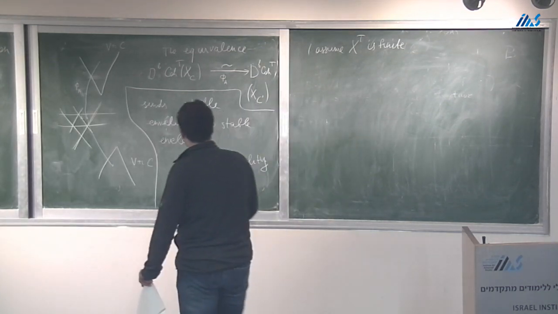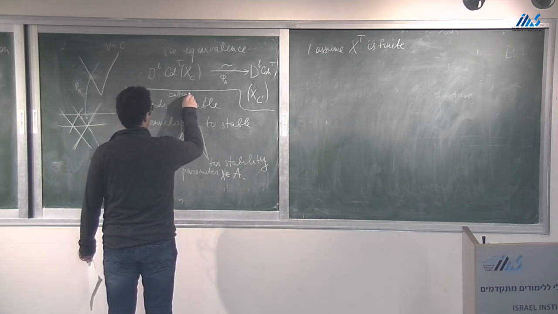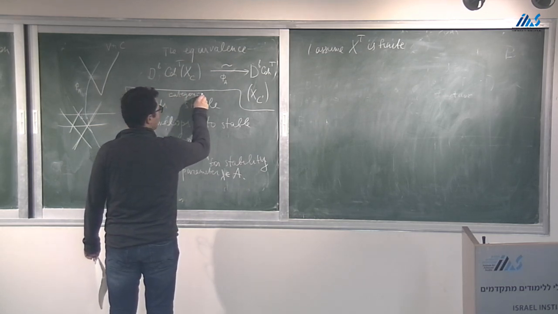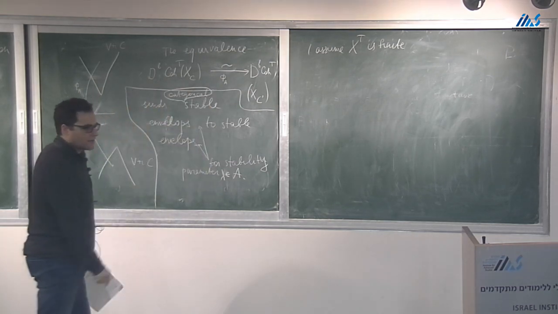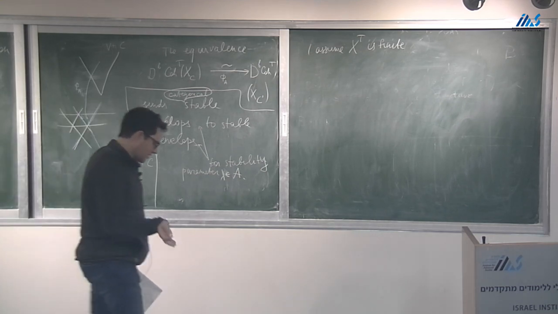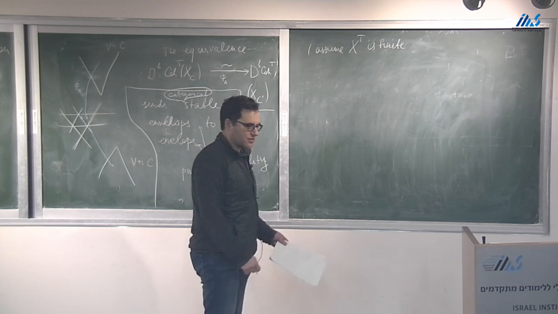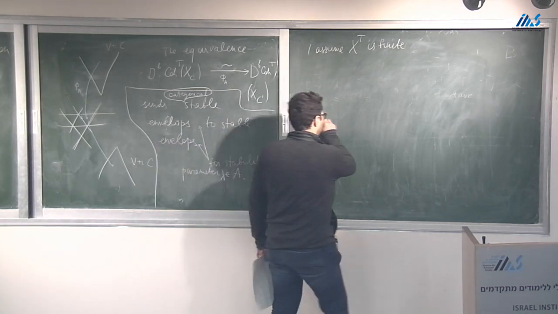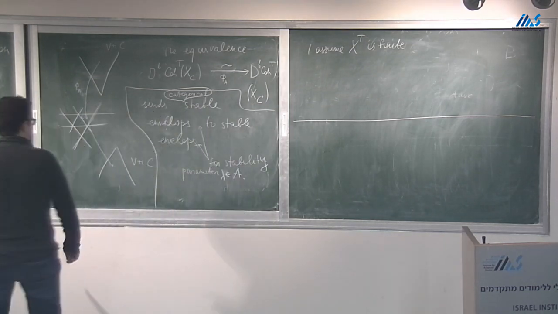So maybe I should say categorical stable envelopes. And the definition, well, I think Andrei mentioned this, but maybe he didn't explain the definition. If you remember the K-theoretic definition, then you can just make the same definition in the derived category. But I will maybe say a few words about it in a minute.